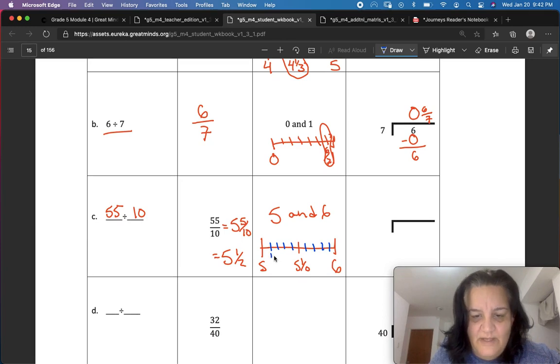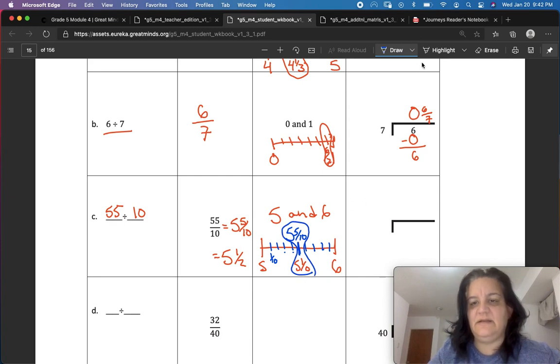And that would be 1 tenth, 2 tenths, 3 tenths, 4 tenths. This would be 5 tenths. It would be 5 and 5 tenths, okay? It's still right there. So it would be directly between 5 and 6.